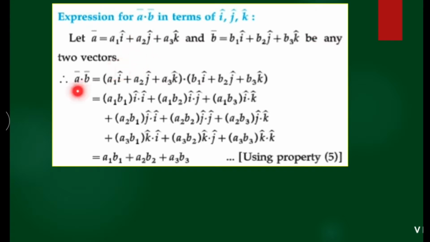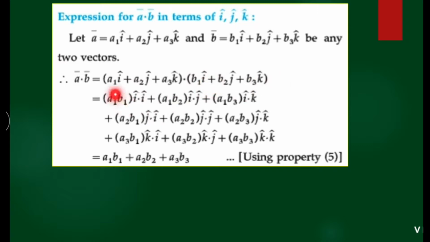Then we find their scalar product, that is the dot product. See, first substitute the value of vector a as a1 i plus a2 j plus a3 k, then substitute the value of vector b as b1 i plus b2 j plus b3 k. Now we have to multiply these two brackets. So first we multiply a1 i to each term of the second bracket.